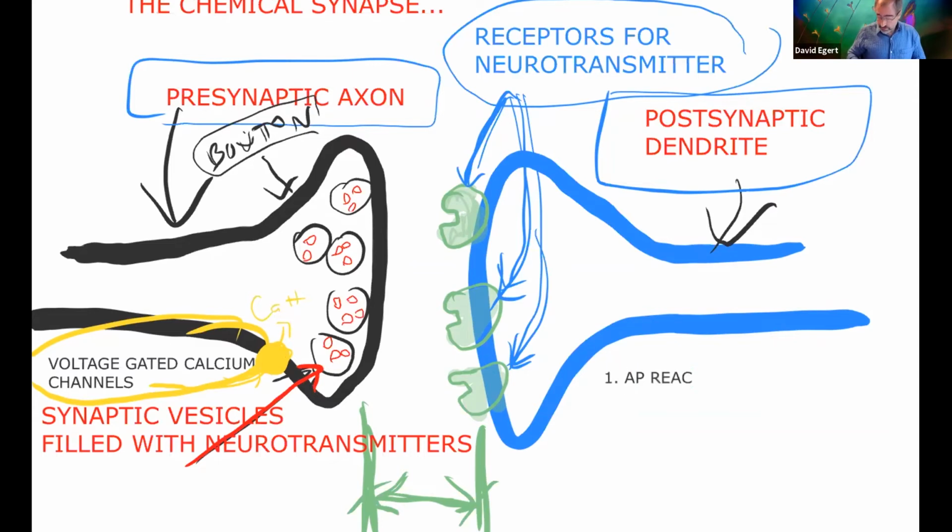reaches the bouton or the axon terminal or whatever you want to call it. That is going to cause the calcium channels to open. So the calcium, they're calcium 2+.